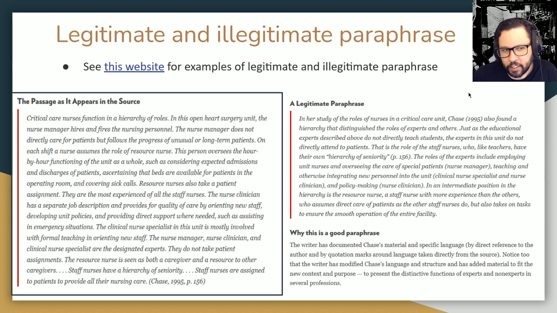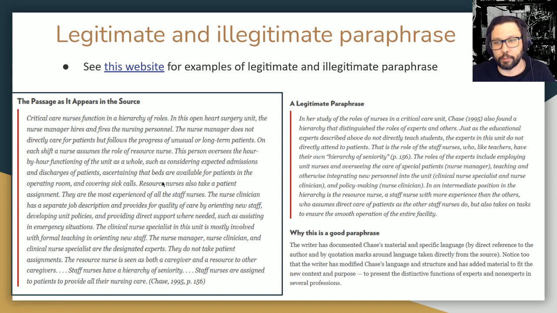The legitimate paraphrase, the way of doing this correctly, is to not take the material from the original. So you can see here, the source is attributed, and when there's a phrase taken from the original, that phrase is also properly attributed in double quotes with a page number. But everything else in this paragraph is original.